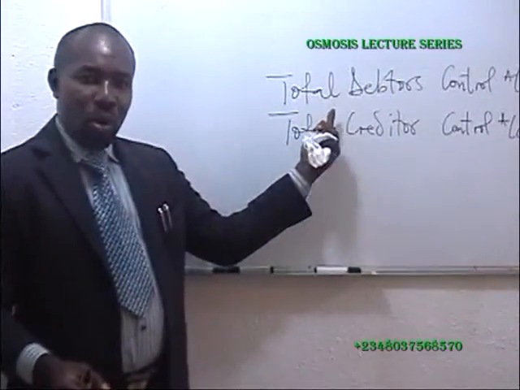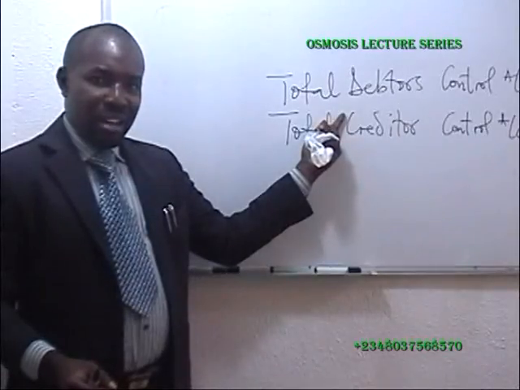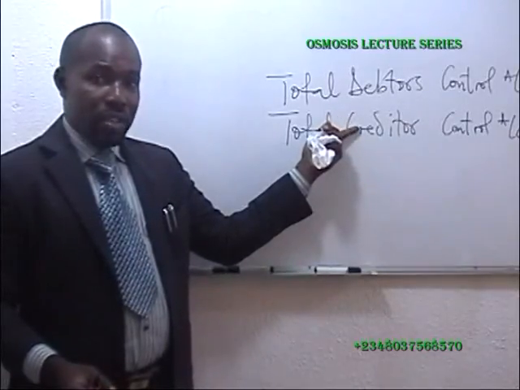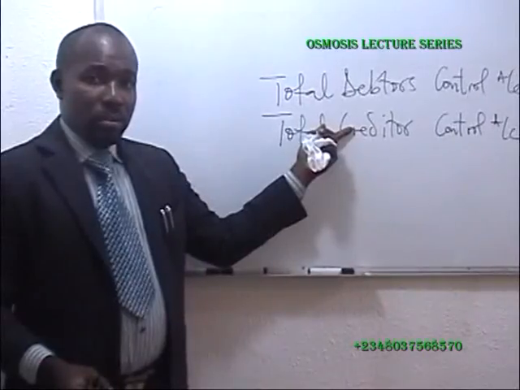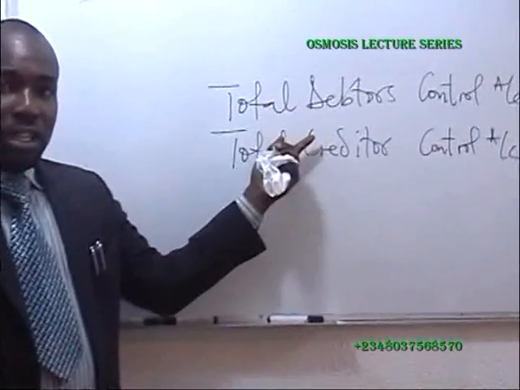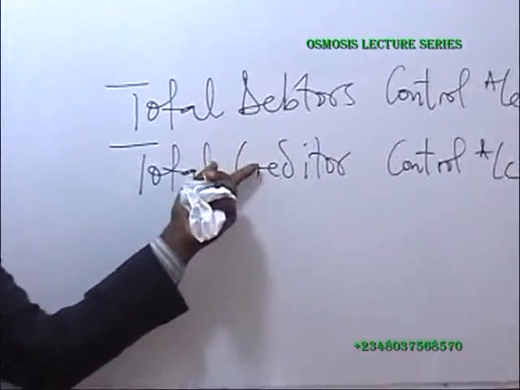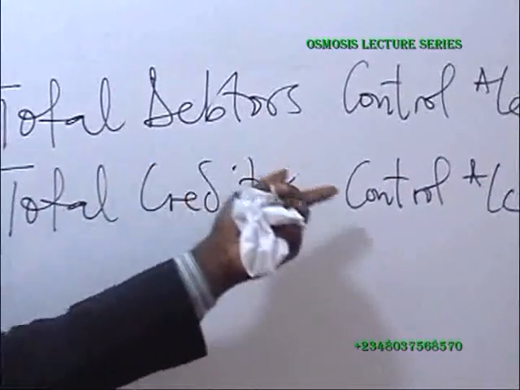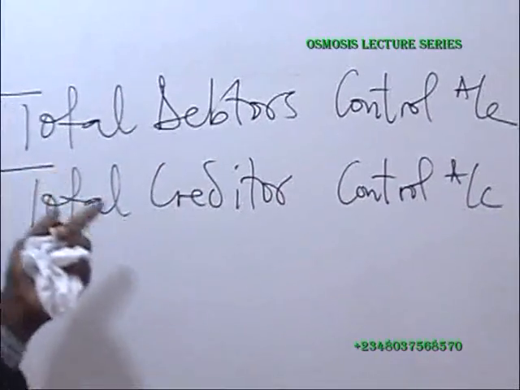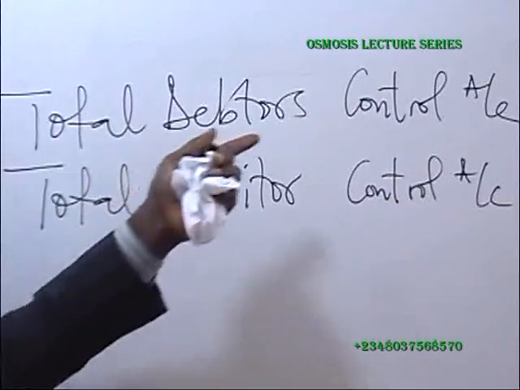Just look at the board closely. Can you pick what is there on the board? So it is either you have total debtors control account or total creditors control account.